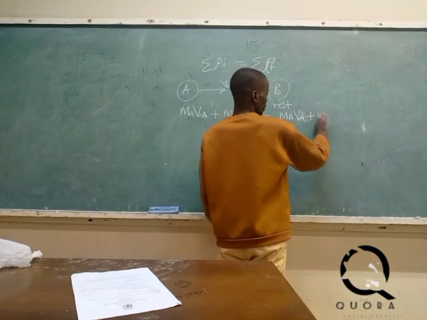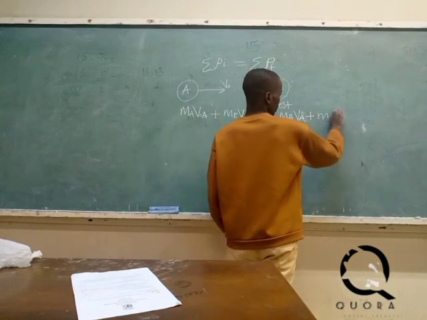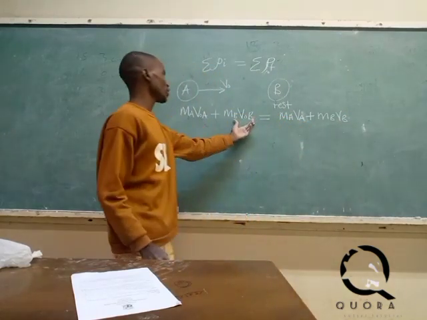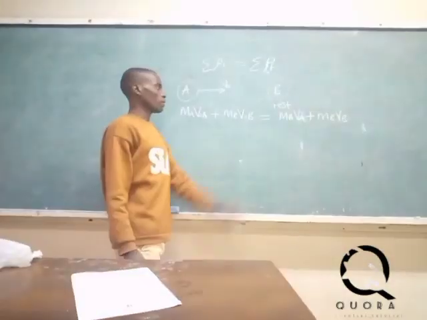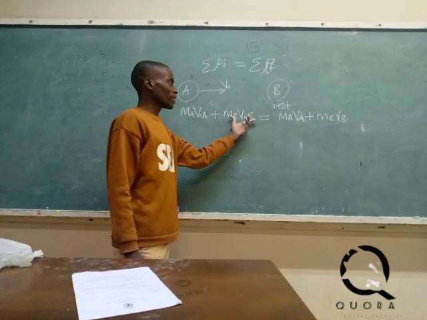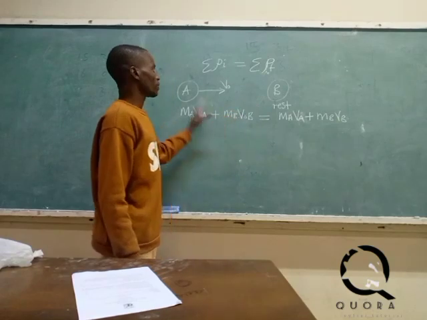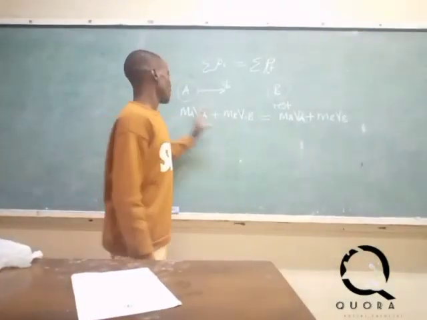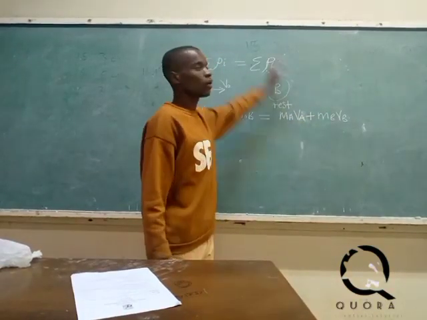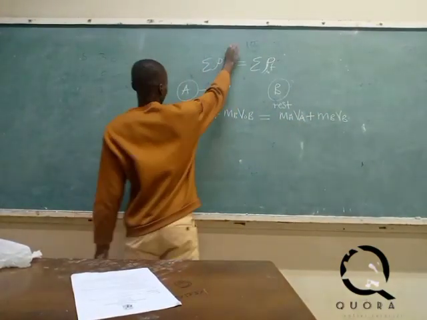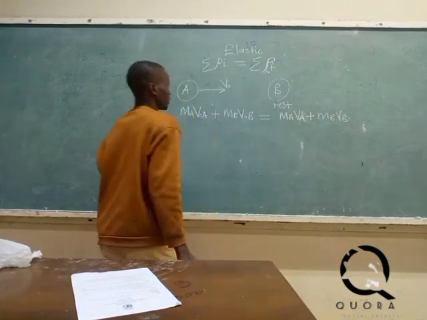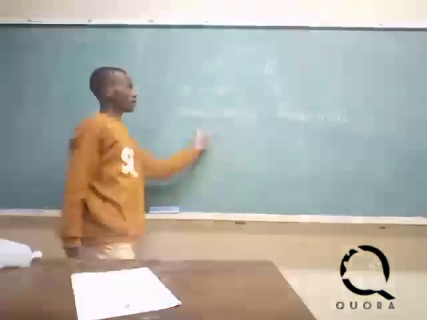Plus mass B multiplied by the final velocity of B. The only difference is that on the initial side I'm putting a zero before that same thing. Since this one has a zero momentum, we cancel it based on the description. But this has to be the actual formula you use the moment you're dealing with what we call elastic collision.